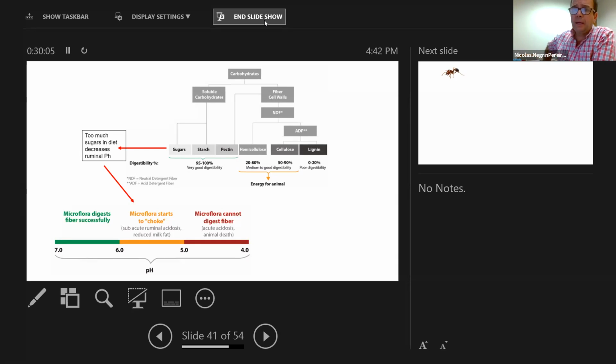And that will actually contribute to worsen the problem of acidosis in the animal. And of course, when we reach a point when we have a pH of 4 within the rumen, we have the acute symptoms of acidosis, animal death. And of course, the microflora is not able anymore to digest the fiber from the plants.